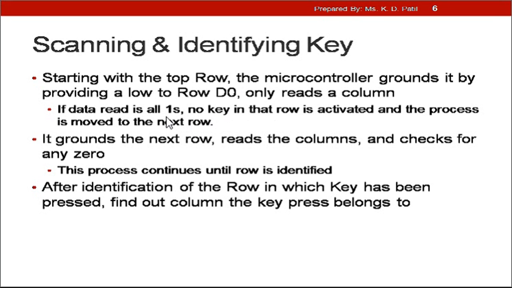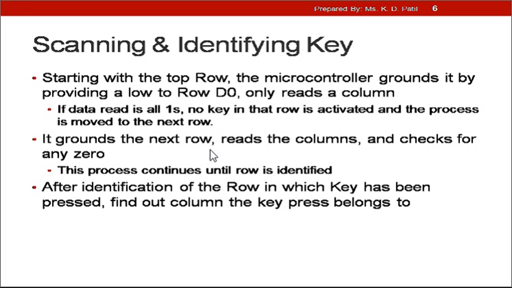If the values of those 4 columns are 1, it indicates that no key in that row is activated and the process moves to the next row. Now the microcontroller will ground the next row, that is row D1, and again check the columns connected to that row, and if the data read from all the columns is 1, again it indicates that in row D1 no key has been pressed.